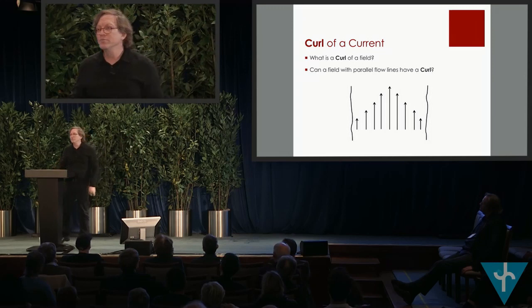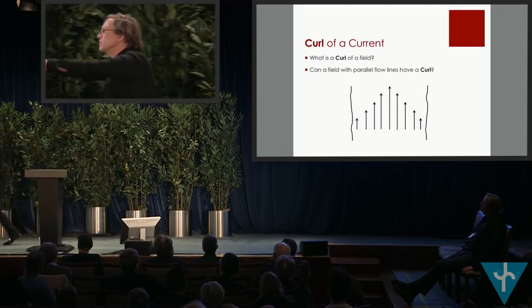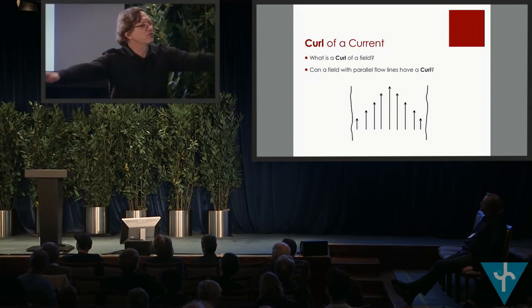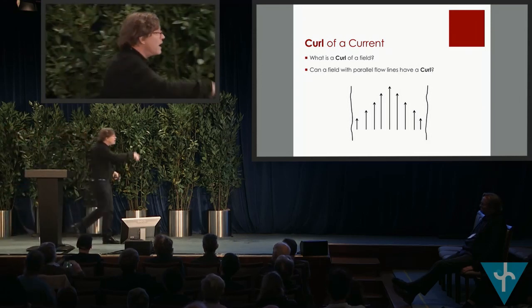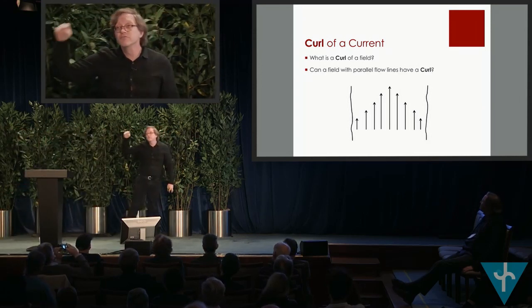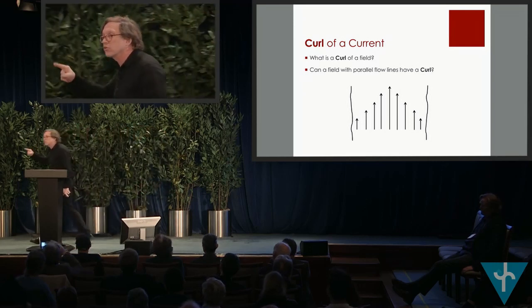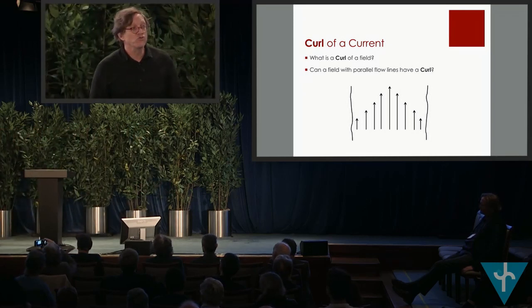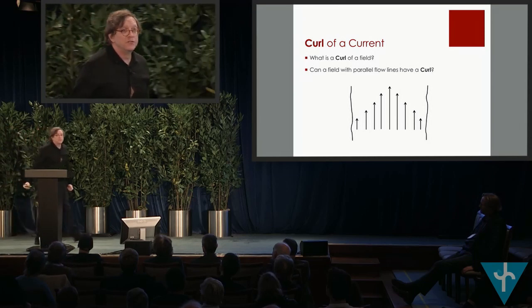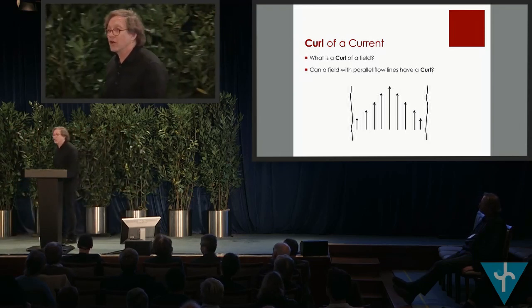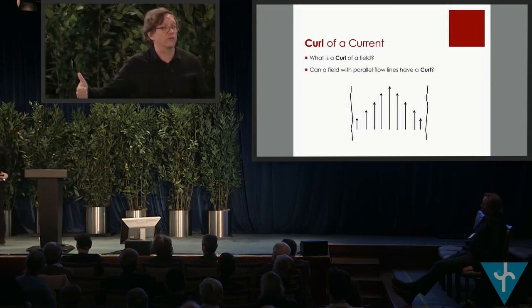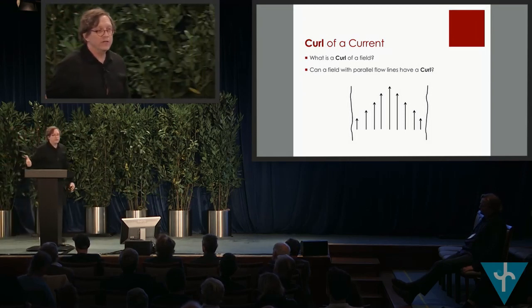If I'm a little two-dimensional guy, and I live in a little two-dimensional world that has two-dimensional rivers with two-dimensional water flowing through it, and the two-dimensional water happens to be flowing like that, I live in a two-dimensional world with a curl, and I can't use my right hand to implement the right-hand rule, because I don't have anywhere for my thumb to stick out, right?